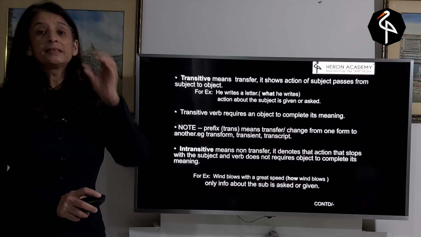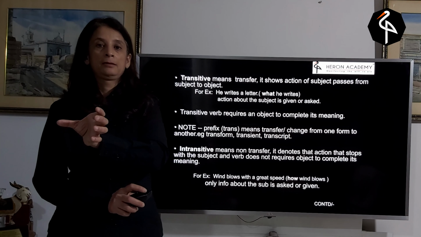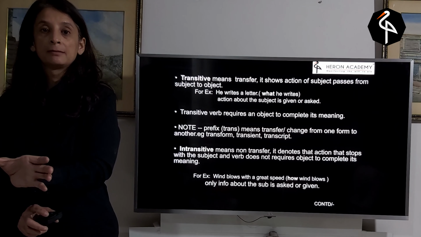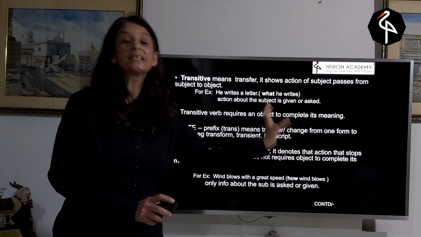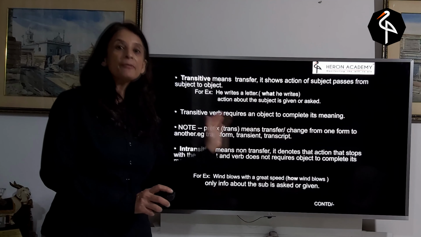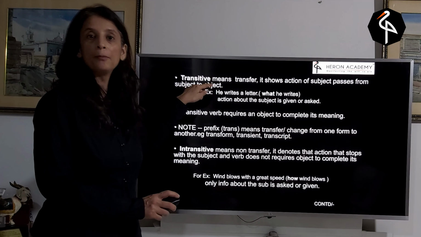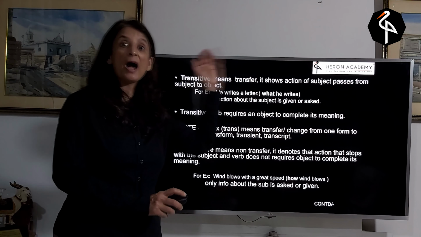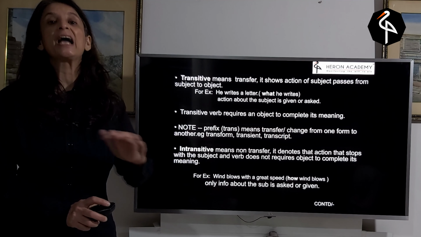Means the verb here will definitely require an object to complete the sense of the statement, or you can say the subject will require a transitive verb in which the verb will require an object to complete the statement. That means trans means transform. So, transform means the action of the verb requires an object to get the meaning clear and complete.